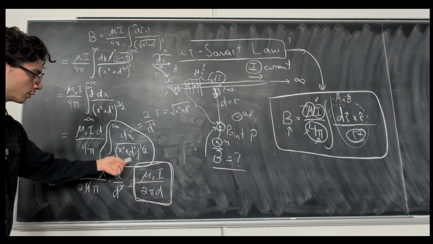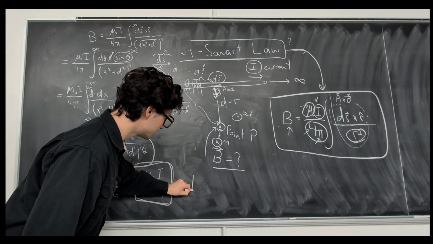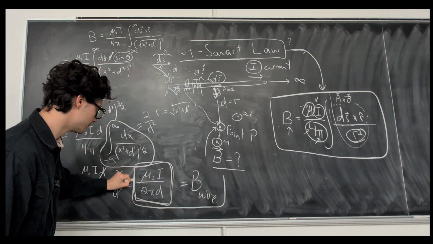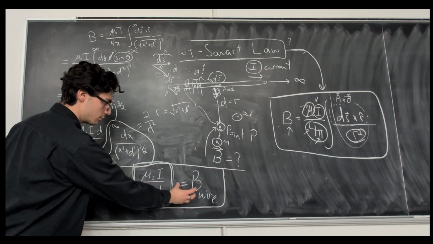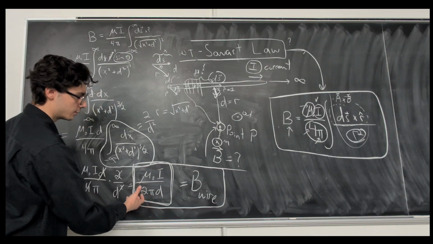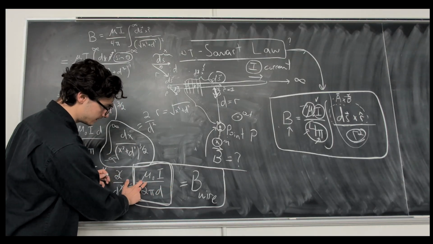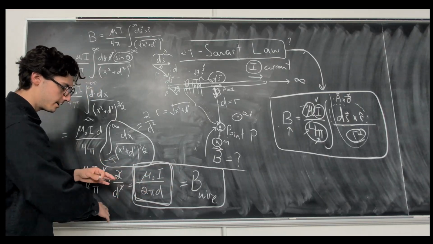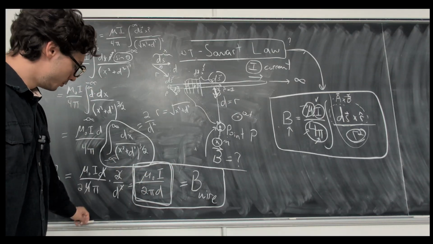Normally you do this in the homework, and then you know that this is equal to B wire. This equation is normally in the equation sheet. So if they give you 2 wires, you can add these up to find the magnetic field between 2 wires, 3 wires, 4 wires, a thin wire. I don't know. Do with that what you wish.